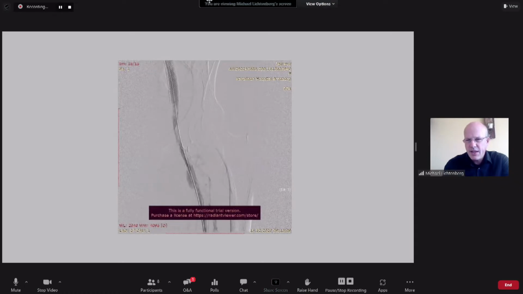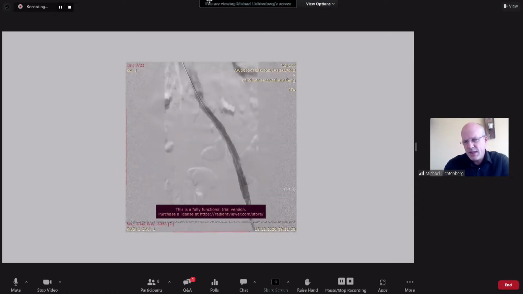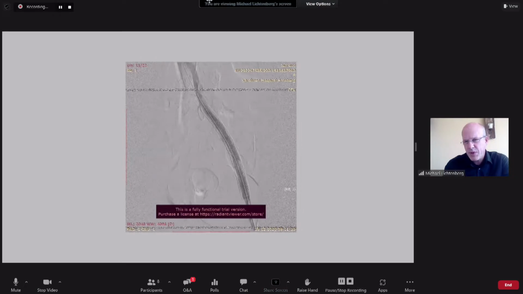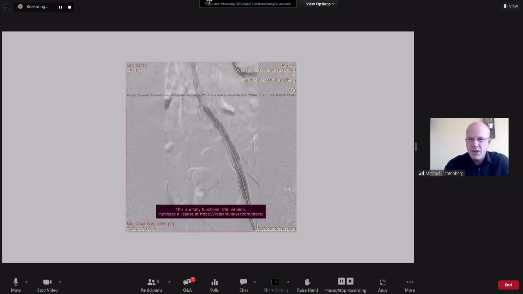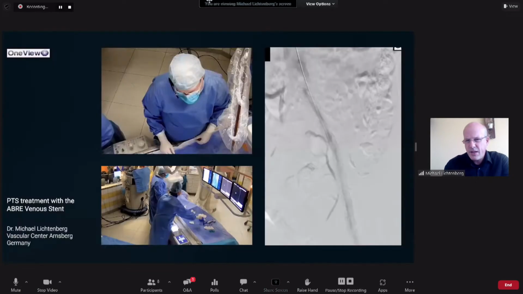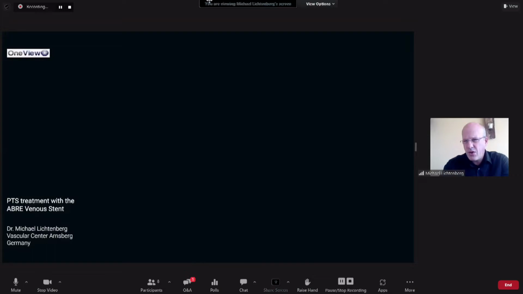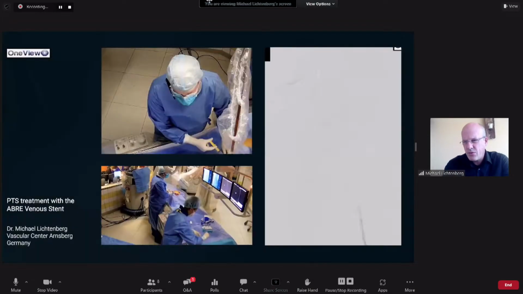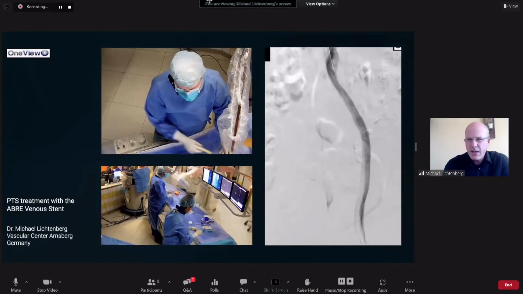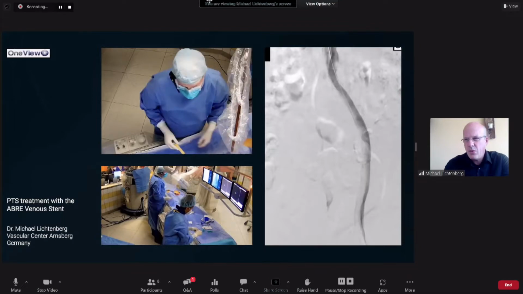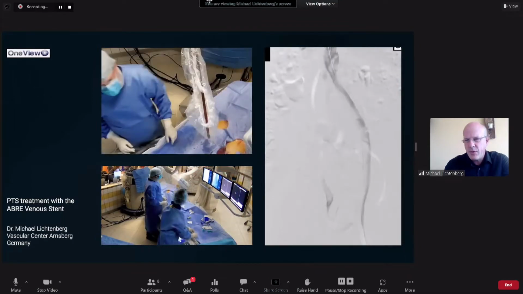But in the last pictures you could see the inflow was much better and the outflow was okay. The Wallstent was good after thrombectomy. These are the final pictures of our endovascular reintervention. Because we opened the inflow, including the profunda vein, this stayed patent.